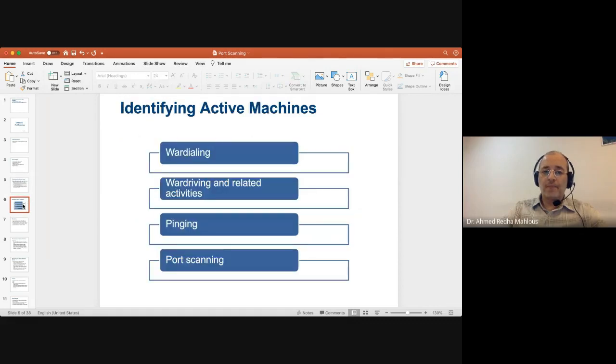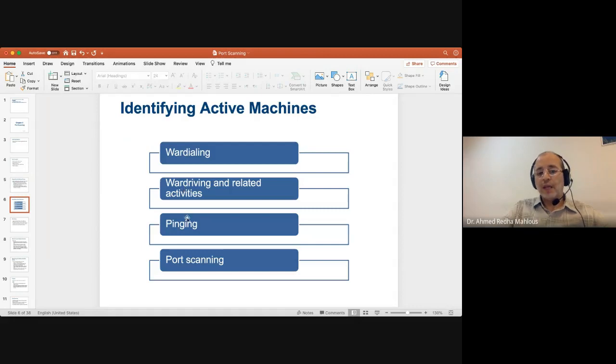Now, in terms of how we can identify active machines, there are many ways to discover which machine is alive, which machine is on, or active within your target. We have what is known as war dialing. We have war driving and related activities to the war driving approach.